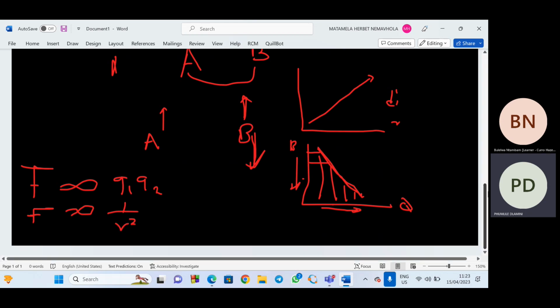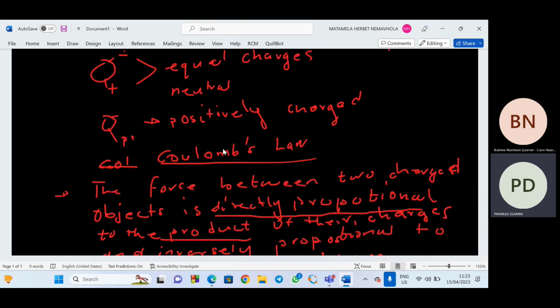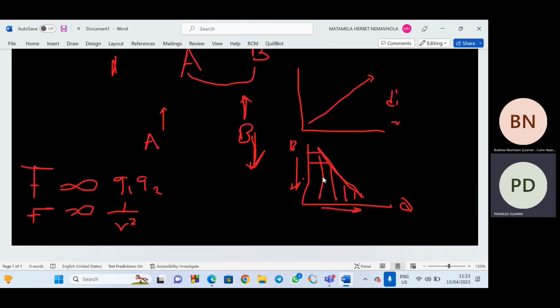So these two formulas, when we combine them, we are going to have a formula that looks like this. We can summarize and say force is directly proportional to the product of Q1 and Q2, and inversely proportional to the square of the distance between them.